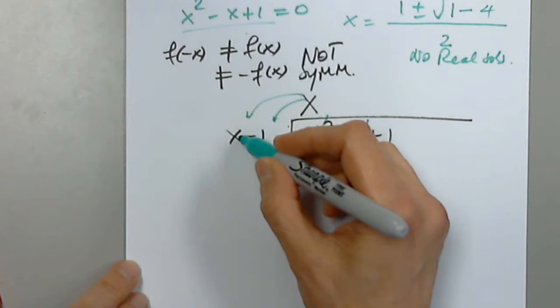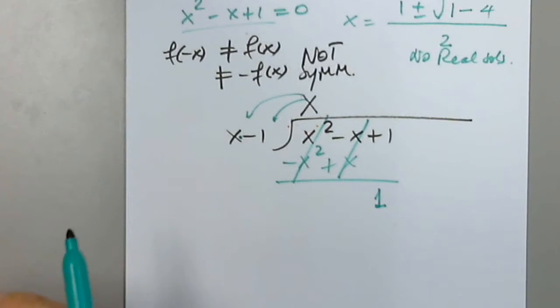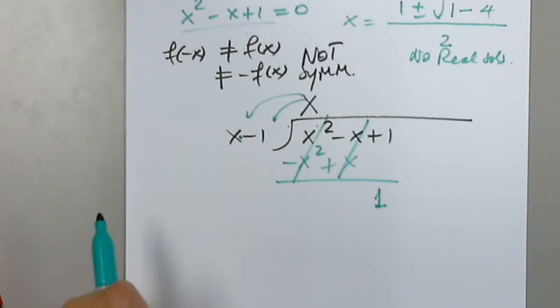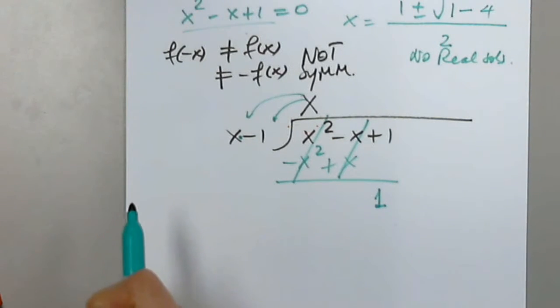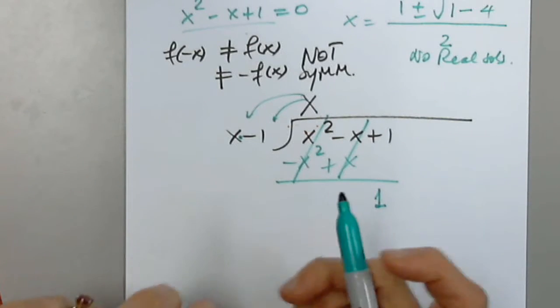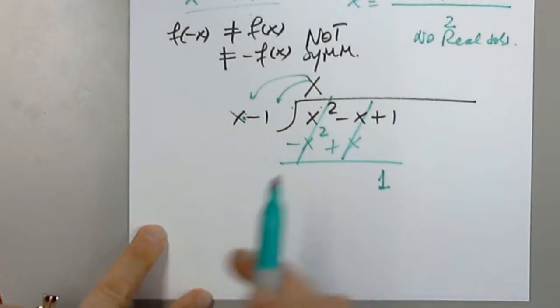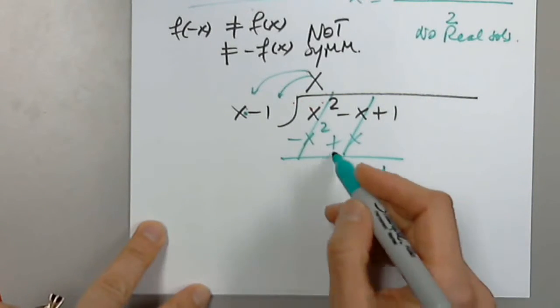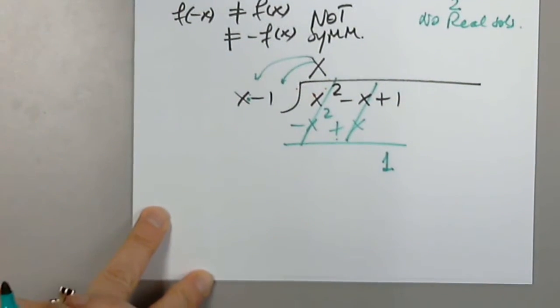X times x is x squared, but I have to write the opposite, as I showed that numerical example a long time ago, because I have to subtract. You know how we forget. So x times x is x squared, but I have to write negative x squared. X times negative 1 is negative x, but I have to write positive x. Yeah, and then I perform the operations I see, and then I bring down x, and I cannot continue.